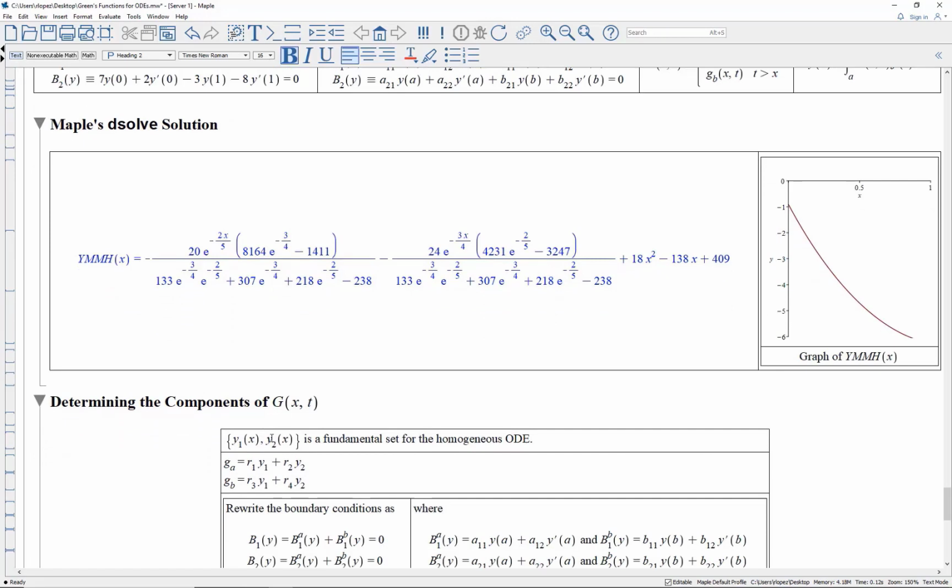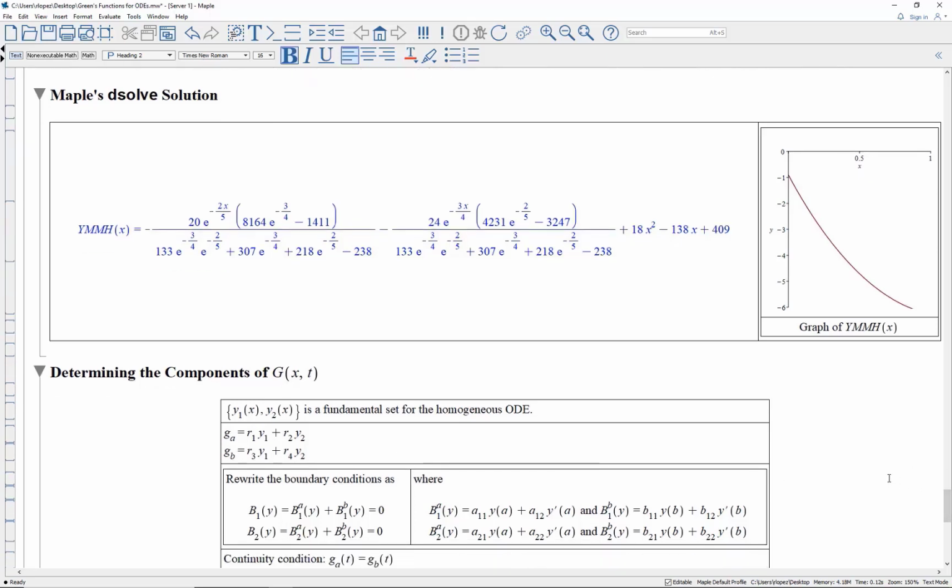We begin with a fundamental set. Take one linear combination and call it GA. Take a different linear combination and call it GB. Now, write the boundary conditions, which are mixed, in such a way that the A part is here and the B part is here in each of the two conditions.